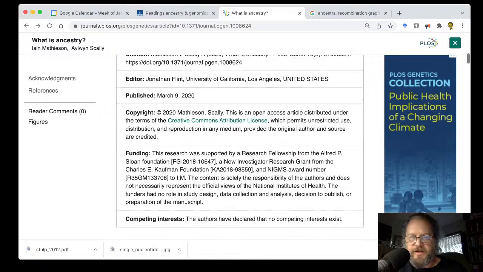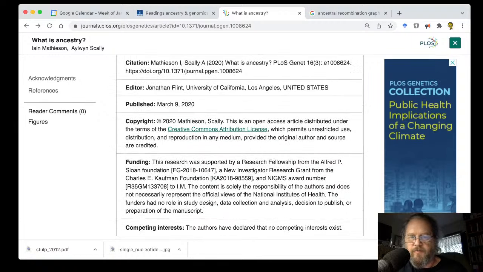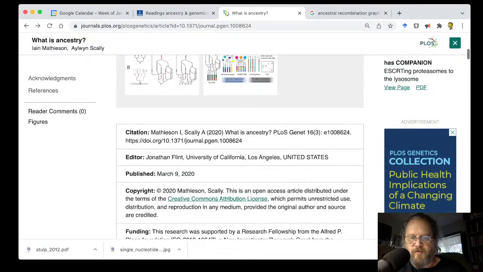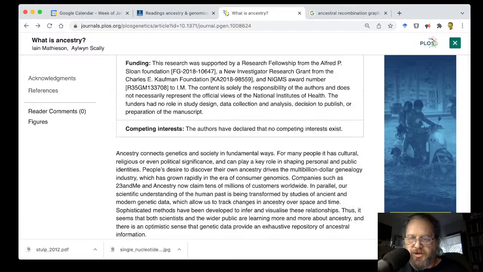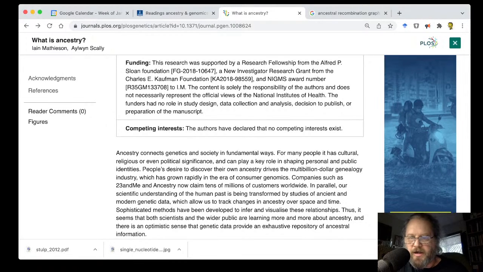ask what's the expertise that these authors bring to this? So they start us off by saying ancestry connects genetics and society. Okay, so where is their expertise lying? And since this is a genetics journal, you should probably guess that they have zero or very little expertise in culture and society or religious or political implications, but they're geneticists that work in the field.